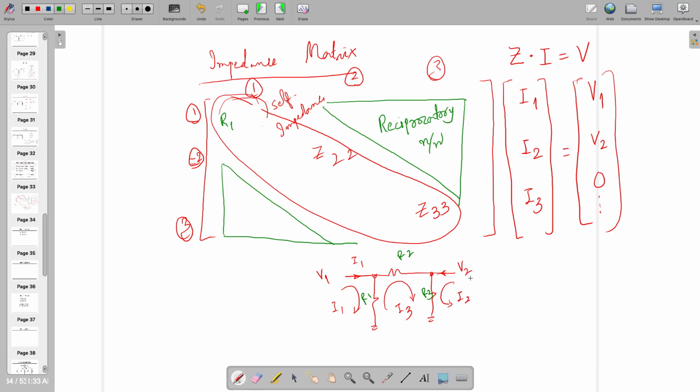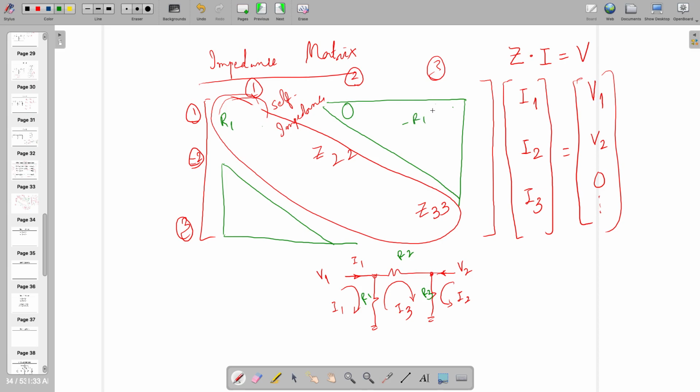The impact of I1 on I2, nothing, right? 0. If you are considering this as I2, there will be some number coming here, right? And the other, tell me, that is minus R1. You have to tell me, I am just writing down.